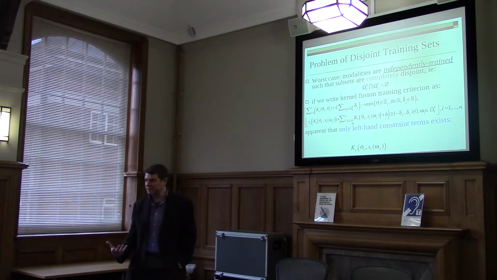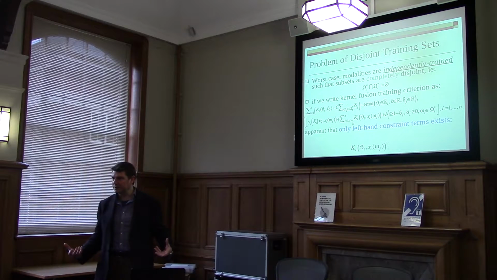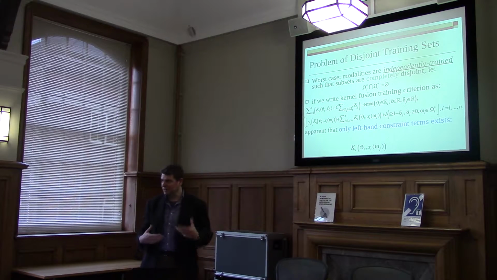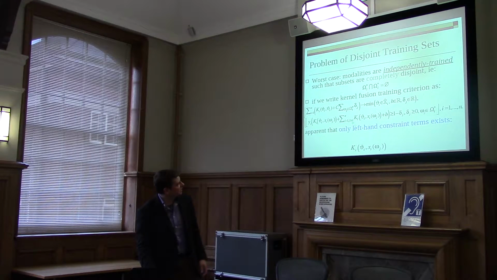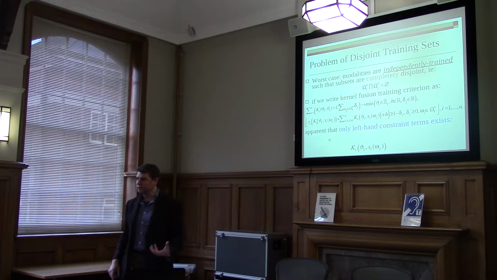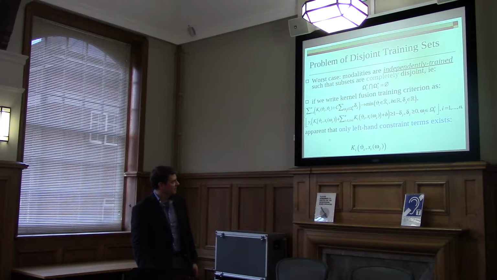So this is exactly the same as before, but we've just rearranged the equation to separate out the inter and intramodal components of it. But the problem is, when our data sets are completely disjoint, essentially this term doesn't exist at all. We've only got that. So that is your problem with kernel fusion with missing data. This is just undefined.